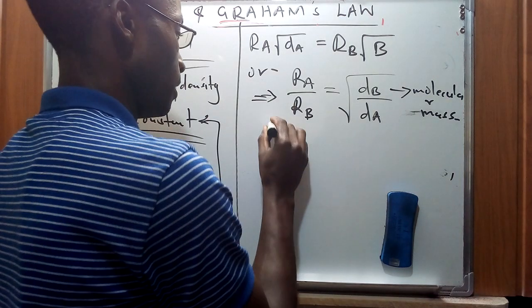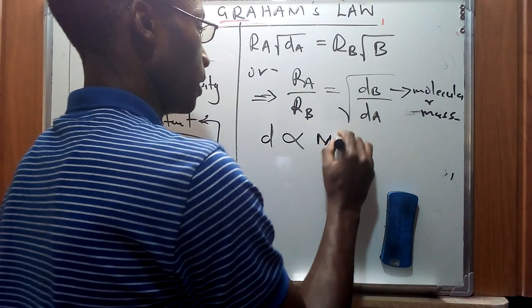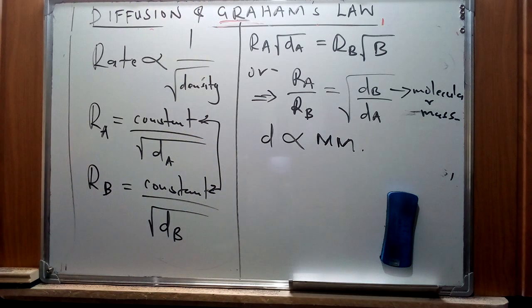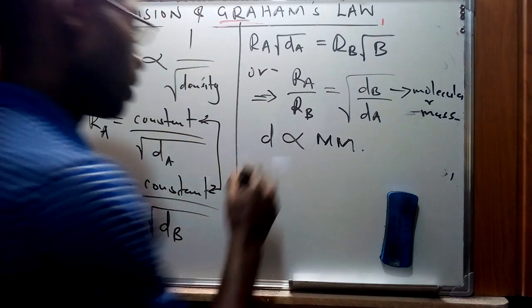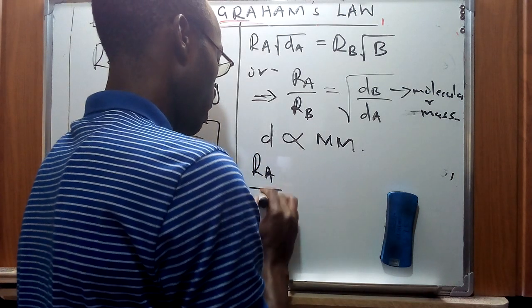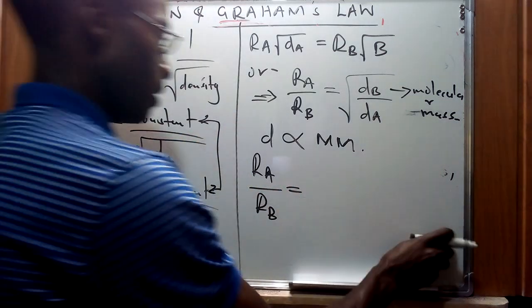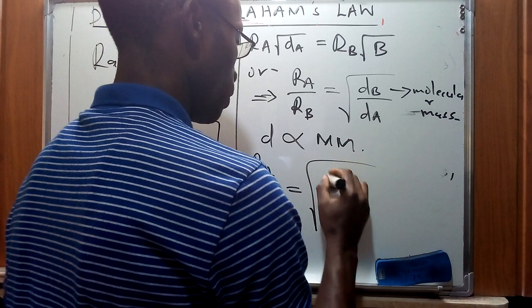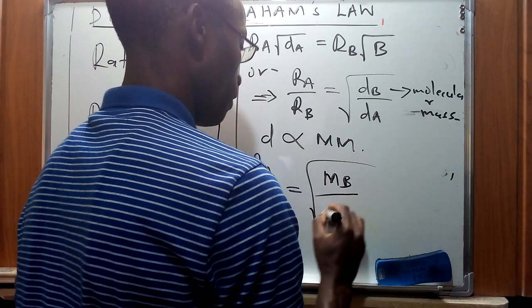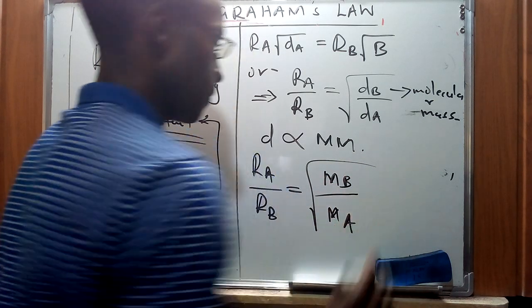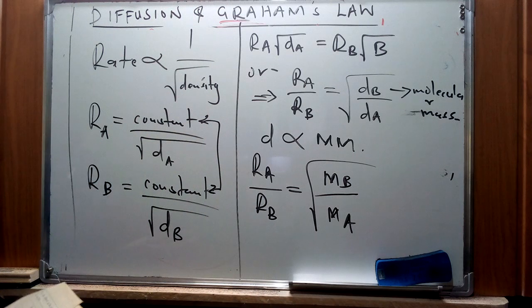Since, as we have said, density is directly proportional to the molecular mass, this law can be given as the rate of A over the rate of B is equal to the root of the molecular mass of B over the molecular mass of A.